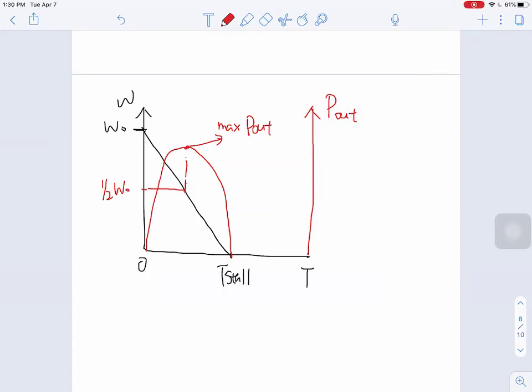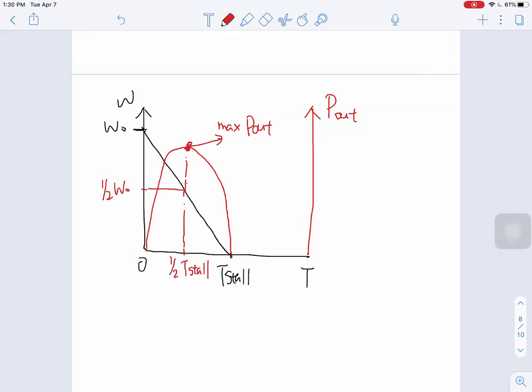And the corresponding torque on the x-axis is going to be 1/2 of the stall torque. And that point is our maximum power output. So if you want to operate your DC motor, that's the point you want to operate your motor at.